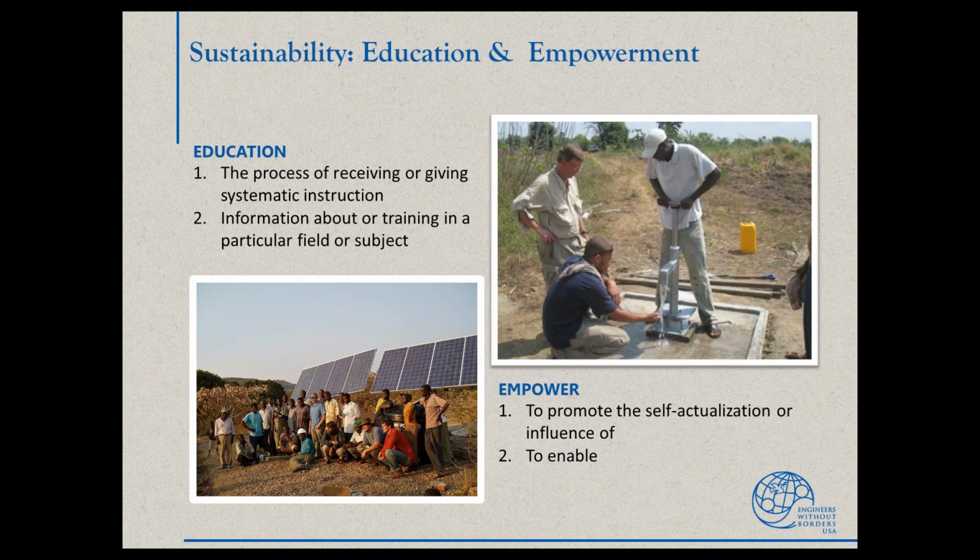So here I wanted to share the definitions of both education and empower with the audience. Education: the process of receiving or giving systematic instruction or information about or training in a particular field or subject. And when we talk about empowering, we're talking about enabling someone or promoting the self-actualization or influence of.